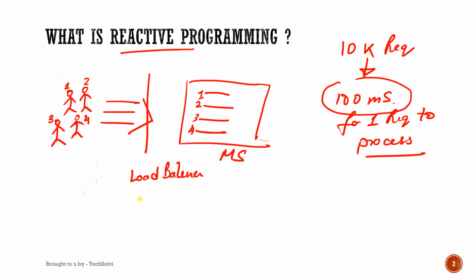Assume that the load balancer has the capacity of creating only one microservice instance. Let's not assume that we will spawn microservices as per the number of requests coming. Let's assume there is only one microservice running, and that's the maximum number of instances you can run at the same time. In this scenario, we will end up creating 10k threads.